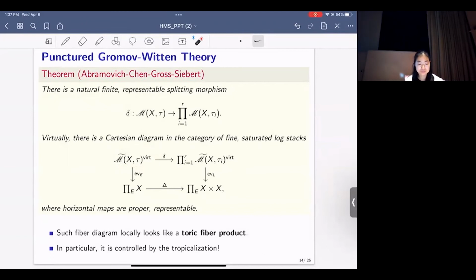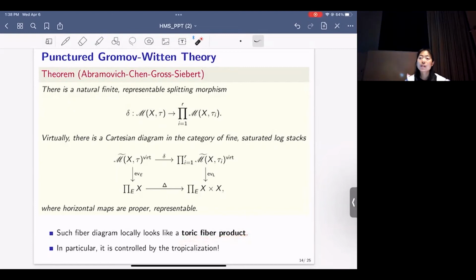And the thing about the logarithmic fiber product is it's the good part and also the bad part. The good part is this is closer to a toric fiber product.